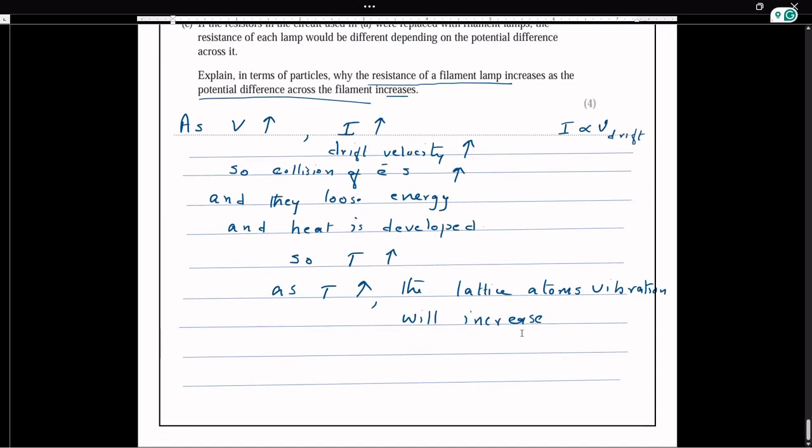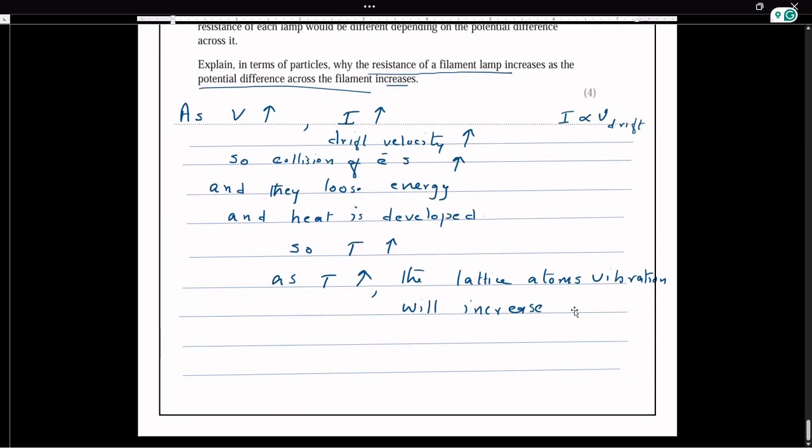So when the lattice atoms' vibrations increase, it is difficult for the electrons to flow through.